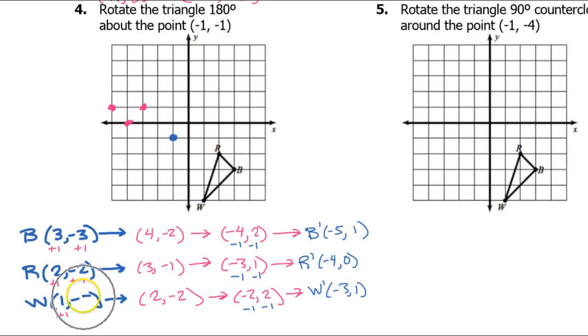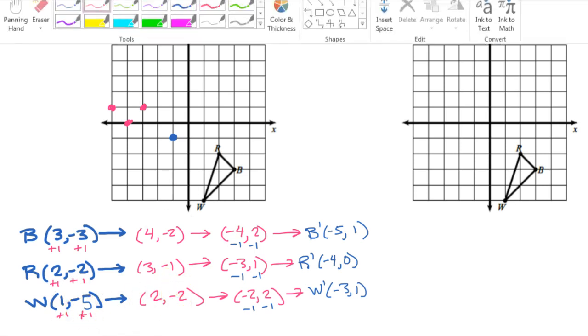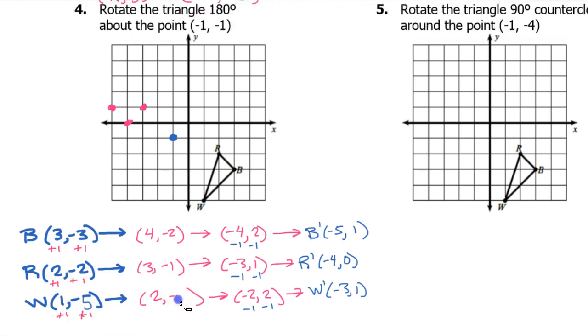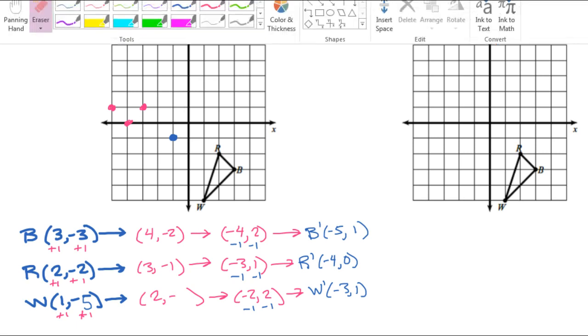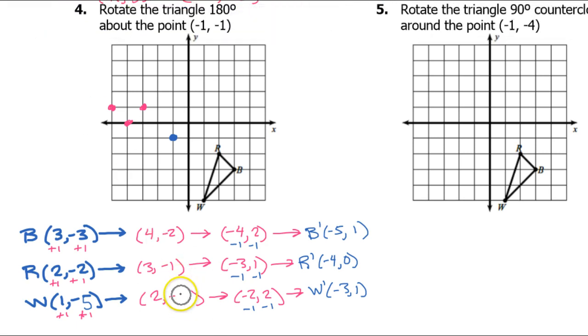So this is supposed to be a -5. So for that reason, when I added 1, that should have made a -4 right here. So let me just go back and fix that. When you guys were watching the video, you're probably like, no, that's a -4.